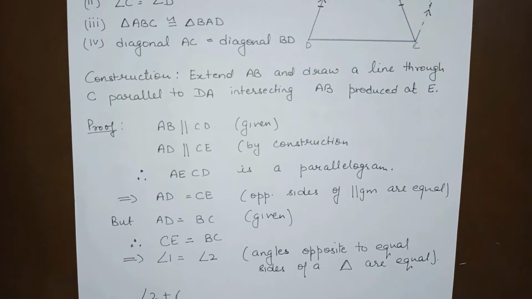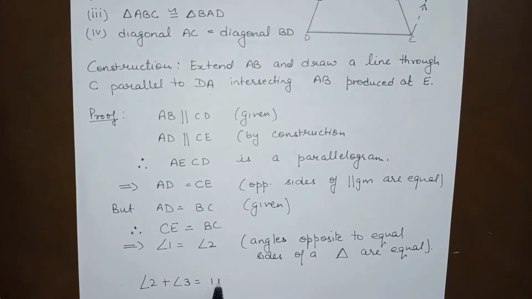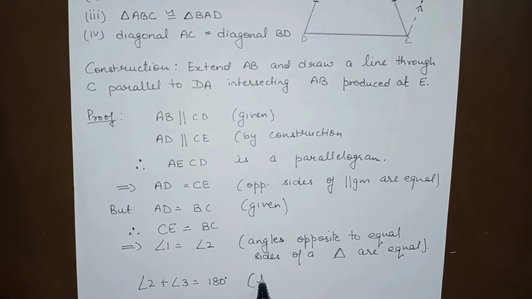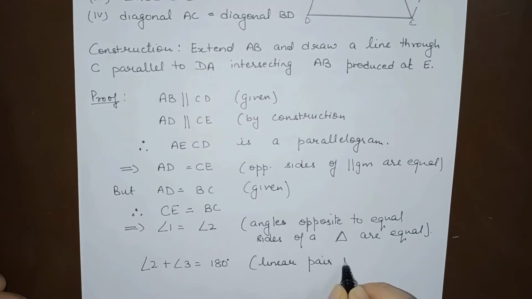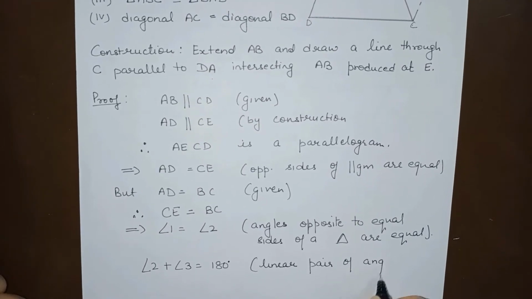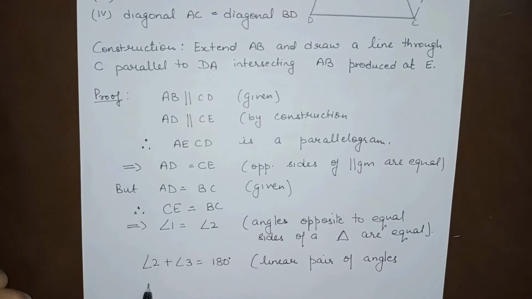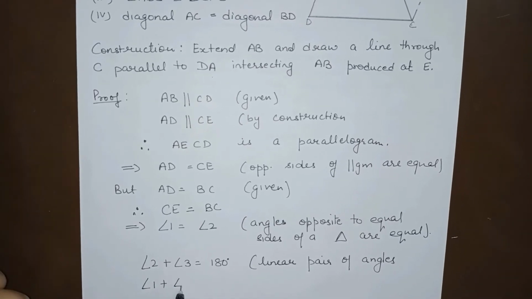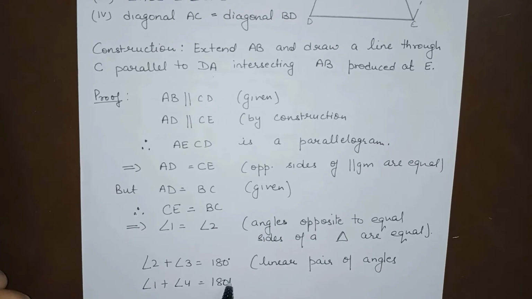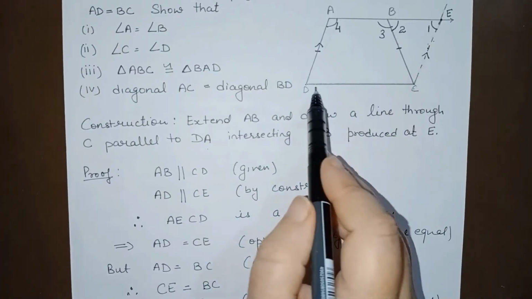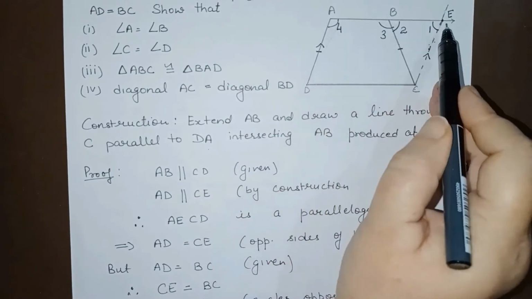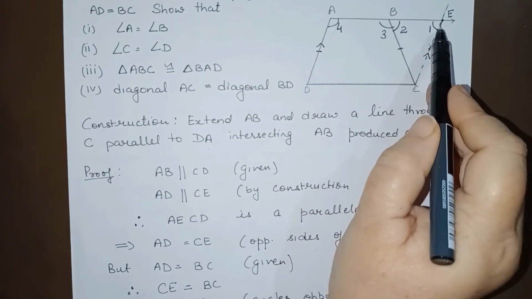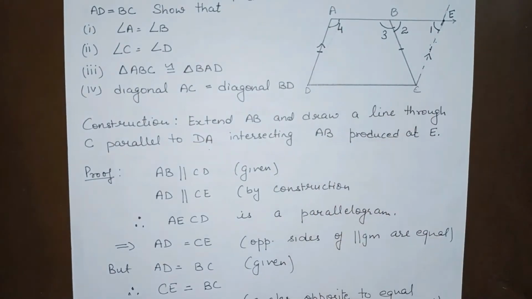Angle 2 plus angle 3 is equal to 180 degrees because they are a linear pair of angles. Also, angle 1 plus angle 4 is equal to 180 degrees, as AECD is a parallelogram and adjacent angles of a parallelogram are supplementary, that is, their sum is 180 degrees.